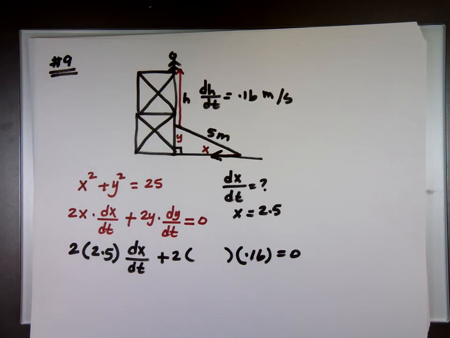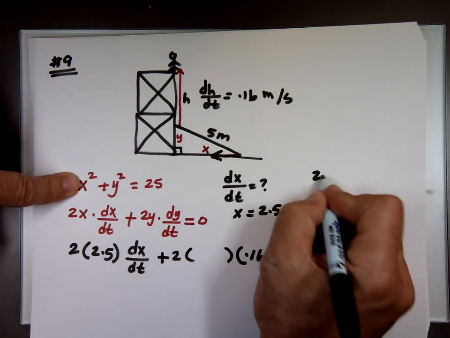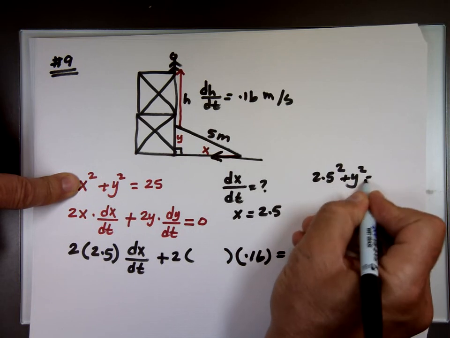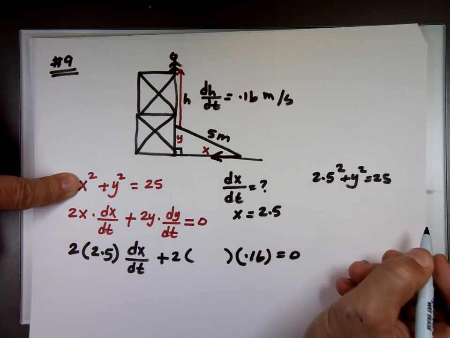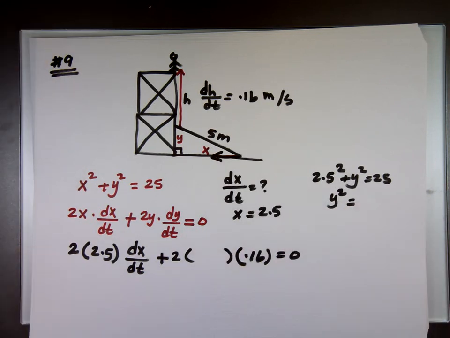Now, here's one little problem. We don't know what y is. When x is 2.5, we need to know what y is. Go back right here. Put 2.5 for x. y squared equals 25 minus 2.5 squared.